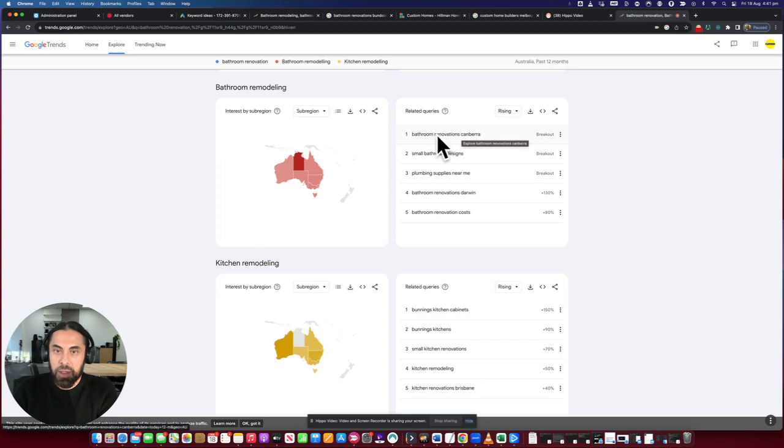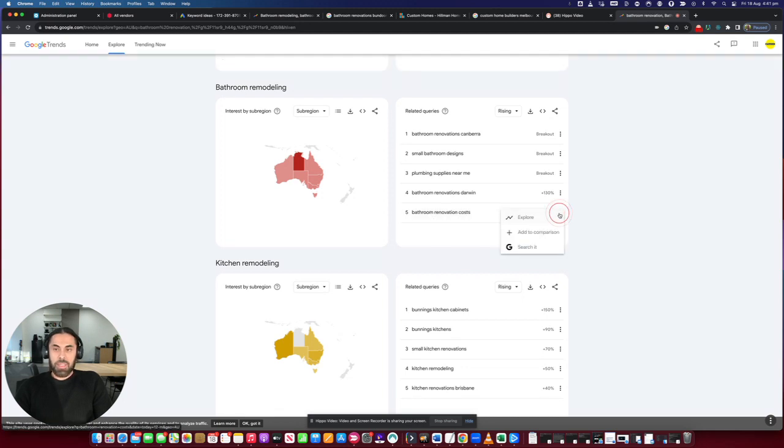So it seems to think that bathroom renovations in Canberra is a breakout, small bathroom designs, and plumbing supplies near me. That's interesting. So if you can tie bathrooms and plumbing supplies, there seems to be a correlation between the two. And of course, anyone that's looking for bathroom renovation cost, that seems to be taking off at the moment.